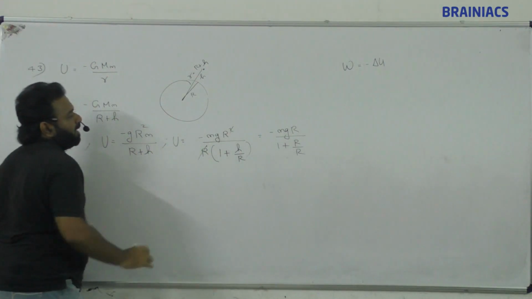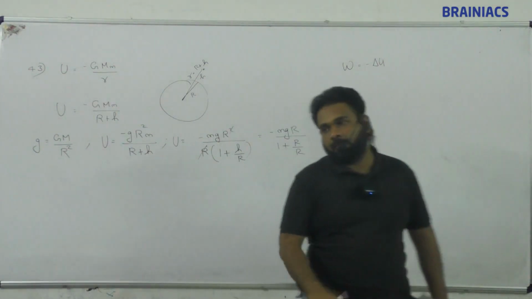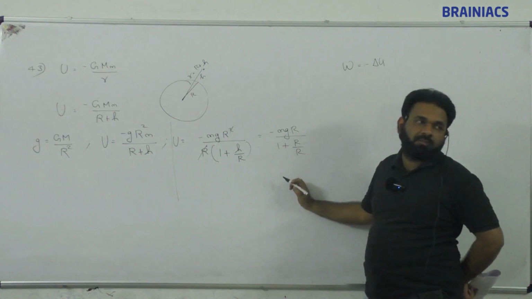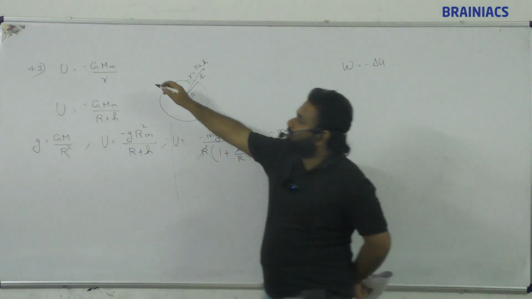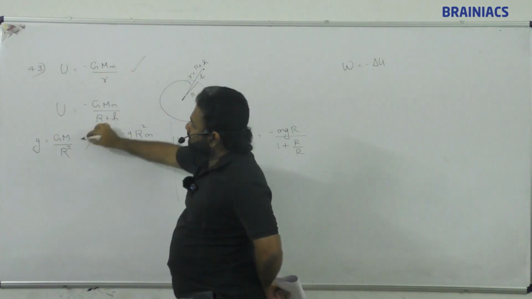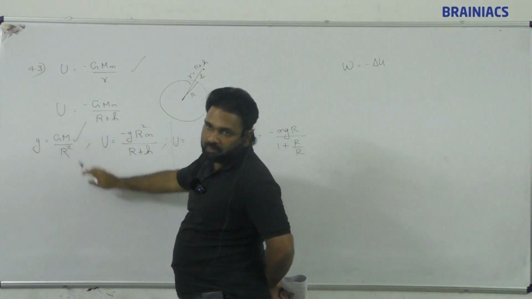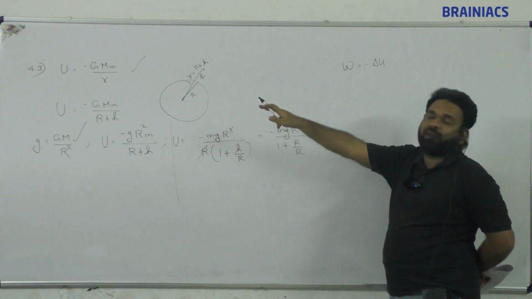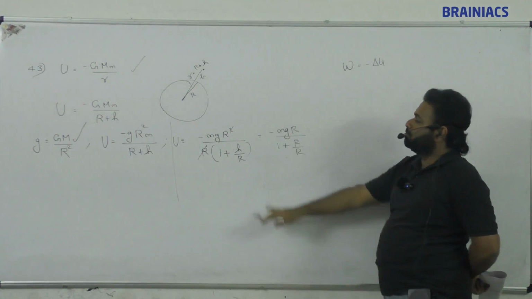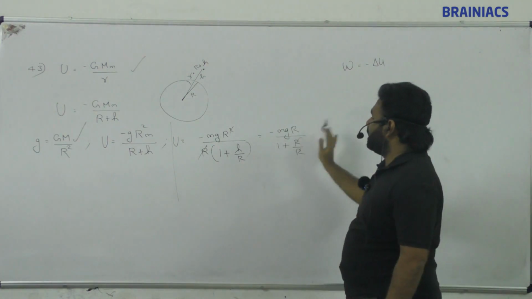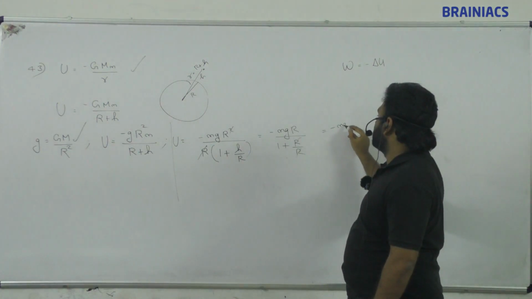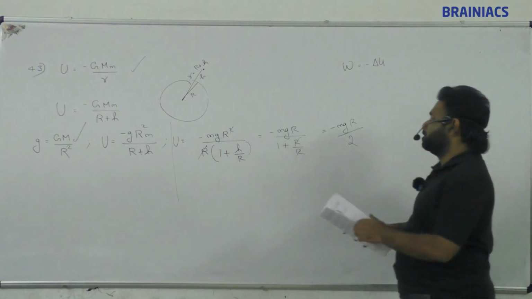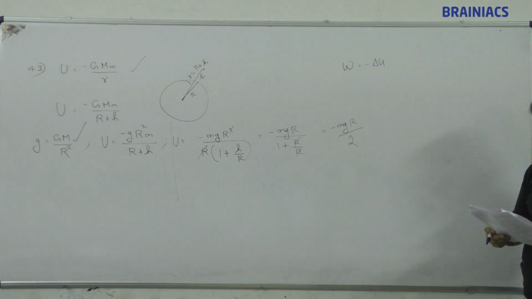U is equal to minus mgr by 1 plus h by r. This is the answer. From here only the answer comes. Everyone should remember this formula also. If anyone is not remembering these things, note them down from gravitation. Now, r plus r, 1, this is going to be minus mgr divided by 2. That's it.